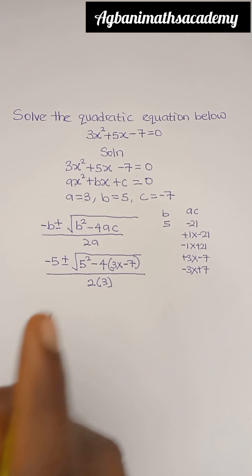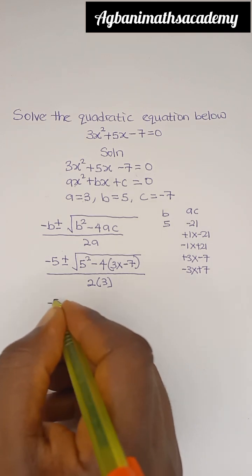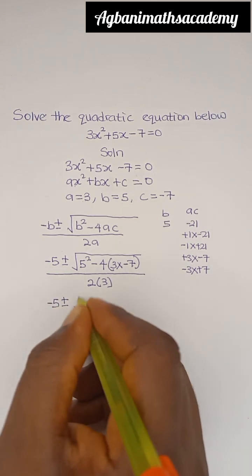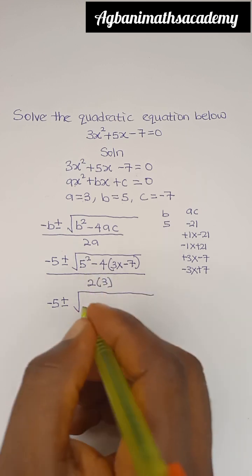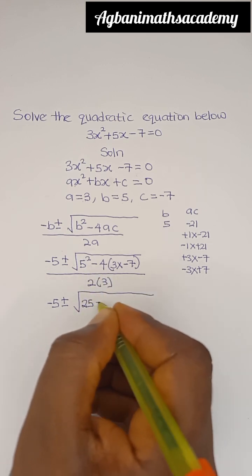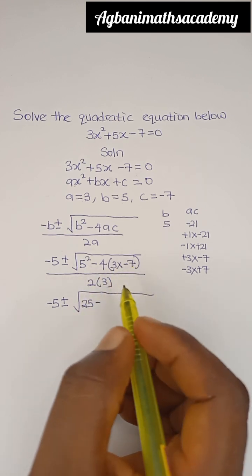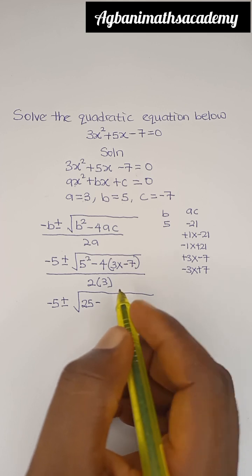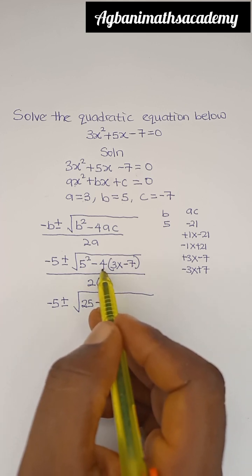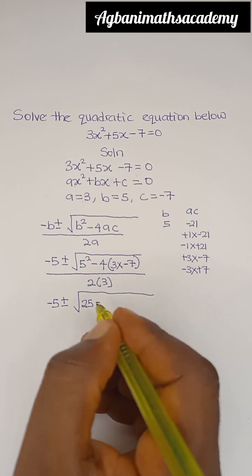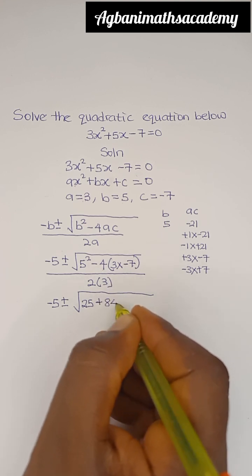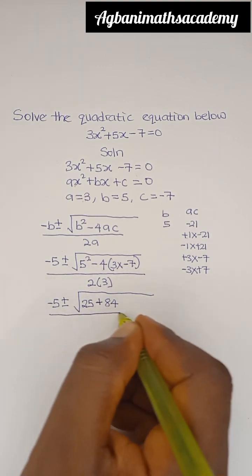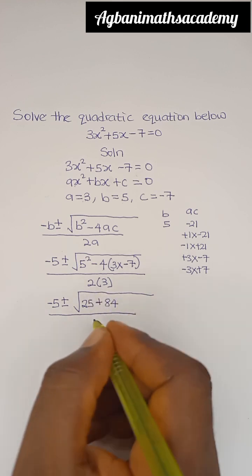Okay, so this will give us minus 5 plus or minus square root of 5 squared, which is 25, minus 3 multiplied by minus 7, which is going to give us minus 21. Okay, and minus 21 multiplied by 4 is going to give us plus 84. So divided by 2 multiplied by 3, which is 6.